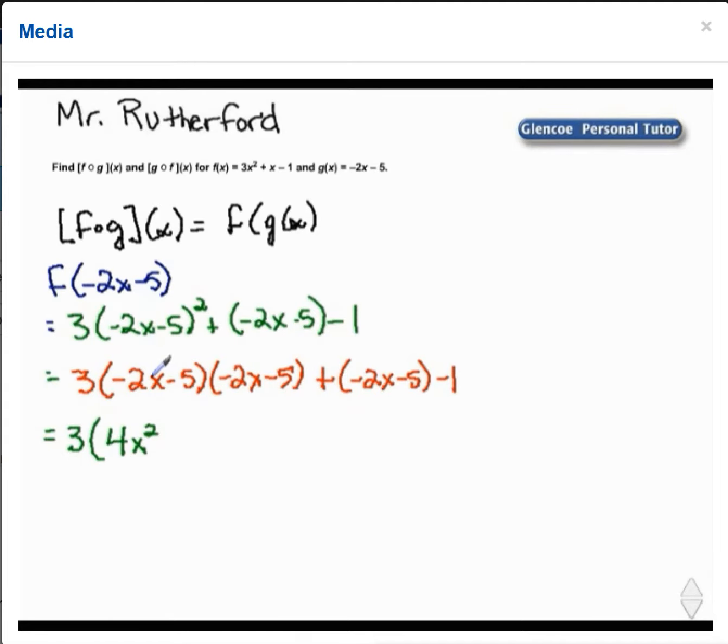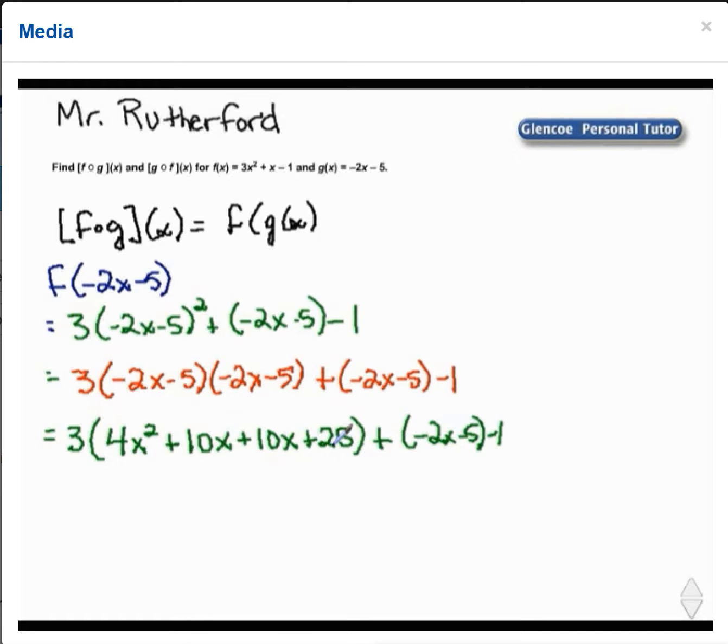Then we have the O, which is the outers, which is negative 2x times negative 5, which is positive 10x, so plus 10x. Then we have the inside, which is negative 5 and negative 2x, which gives us positive 10x. And finally the last, negative 5 times negative 5, which is equal to positive 25, so plus 25. Then we have plus negative 2x minus 5 minus 1.